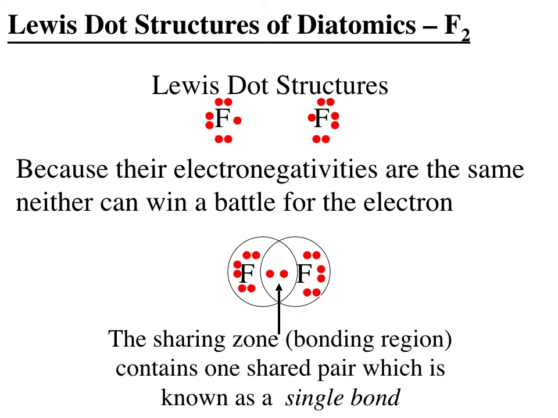Now, when I share a single pair of electrons, one spin up, one spin down, I'm going to know that as a single bond. So one shared pair of electrons from here on out will be called a single bond between the fluorines. It holds them together, unlike the electrostatic attraction, which was possible in the ionic arrangement between metal and nonmetal.